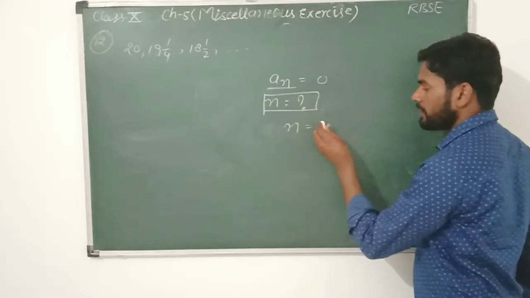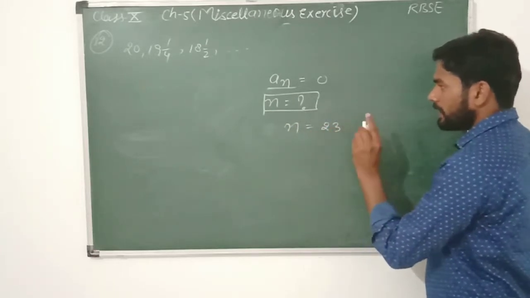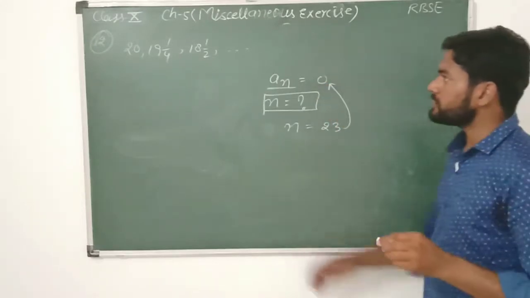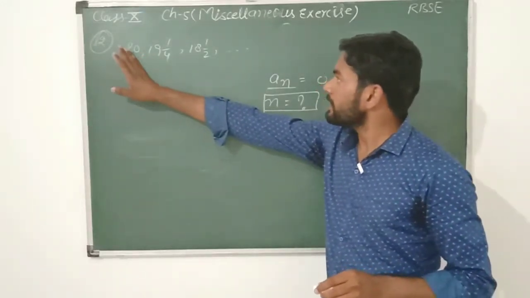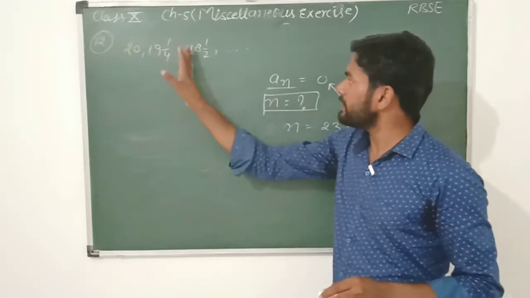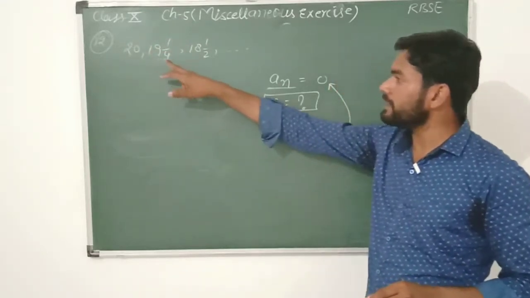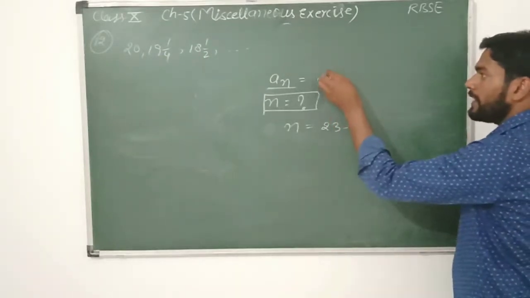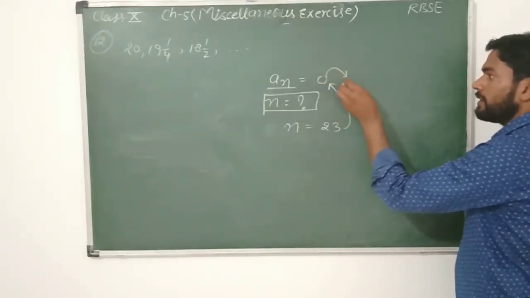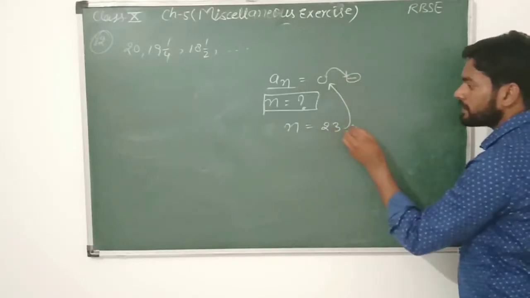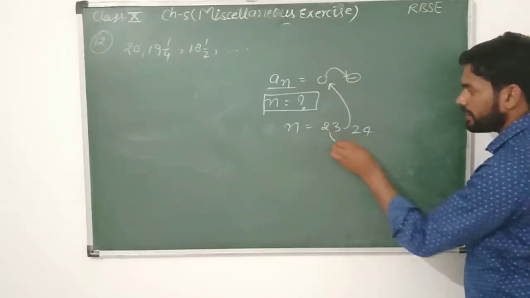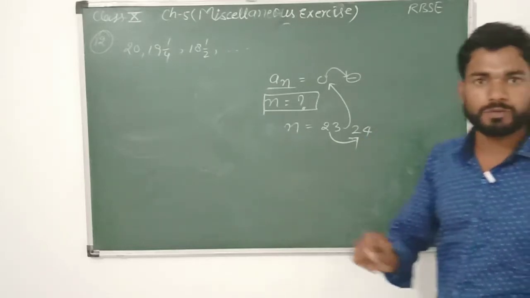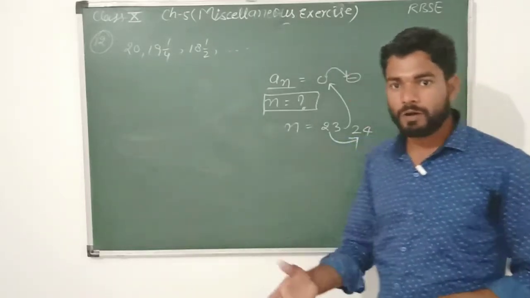If n is, let's suppose, 23, and check here each and every term of this series is in descending order. So definitely the next term after the 0 will be a negative term. It means the 24th term will be the first negative term of the AP.